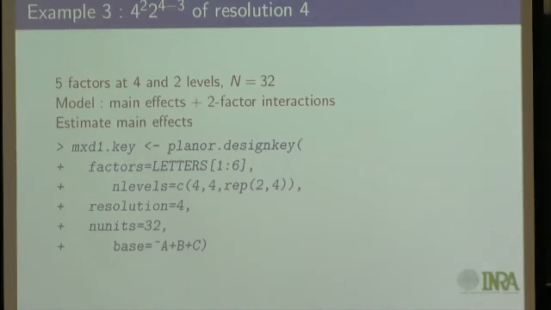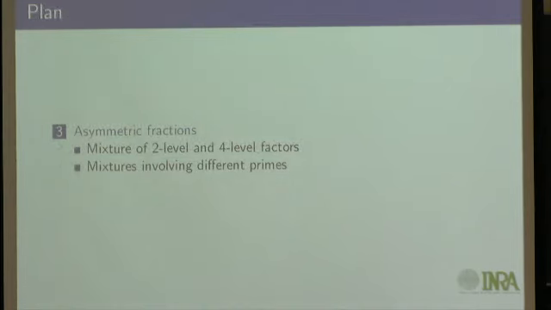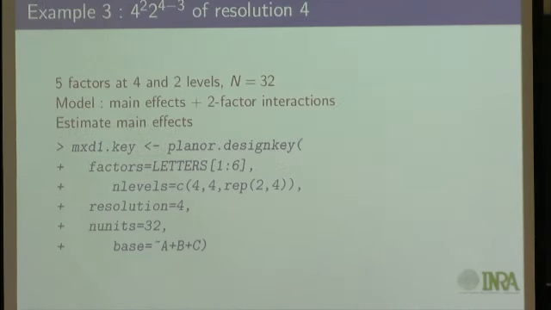So now I am in the second part of my talk. We deal with asymmetric fractions. In the first example, suppose there are 2 factors at 4 levels and 4 factors at 2 levels.